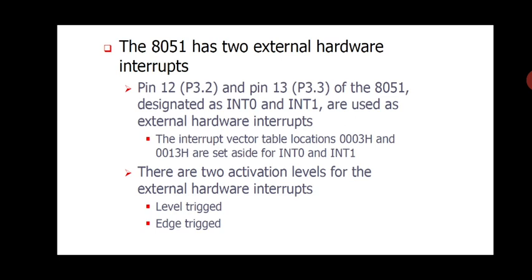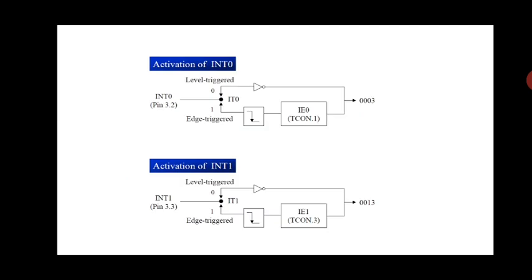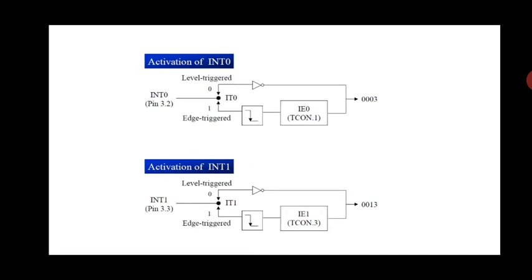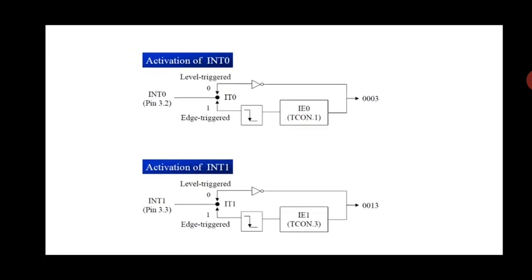There are two activation levels in which interrupts can be generated: level triggered and edge triggered. This is how level triggered and edge triggered can be given for INT0 and INT1. Look at the first one, INT0: level triggered, it sees input 0.